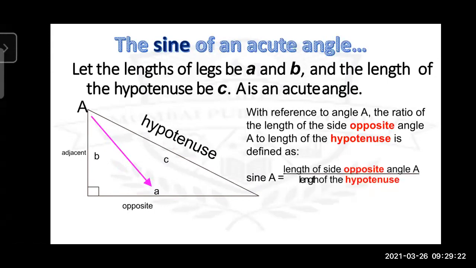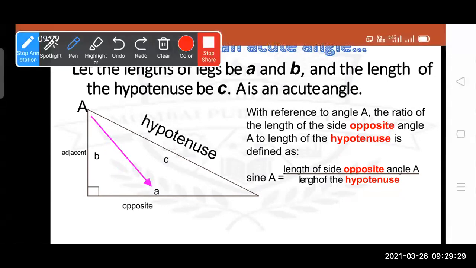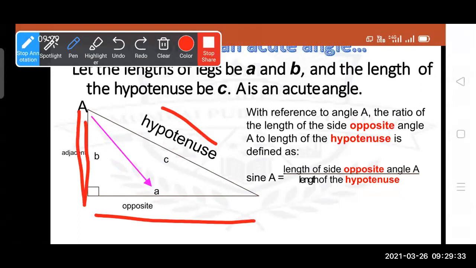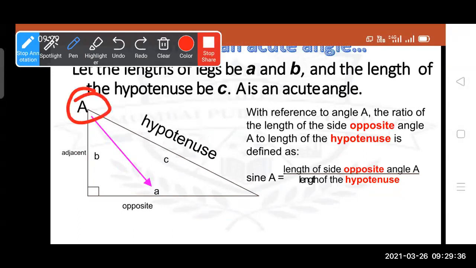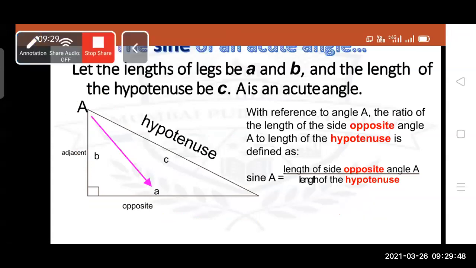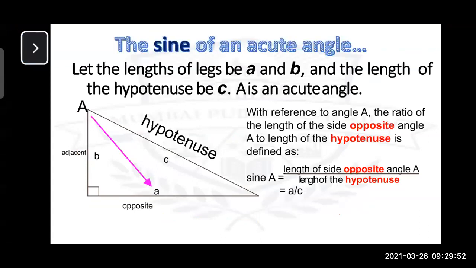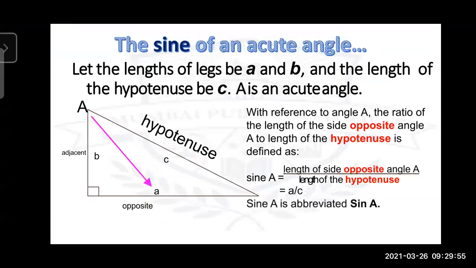Then we find sine of A, that is the length of the side opposite to the length of the hypotenuse. So this one is the adjacent side, opposite side, and hypotenuse side. From this we find sine A is equal to opposite upon hypotenuse. The opposite side is a and the hypotenuse is c, so we write a by c simply.